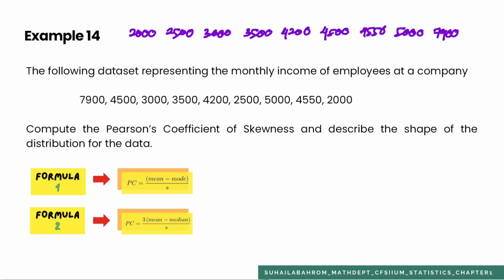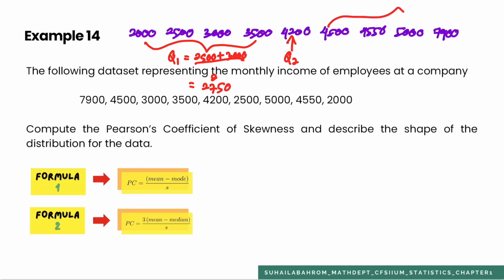We have the second quartile or the median, which is equivalent to 4,200, and this is our lower half, and the first quartile is equivalent to the average between 2,500 and 3,000. So from this calculation, you will get the first quartile equivalent to 2750.